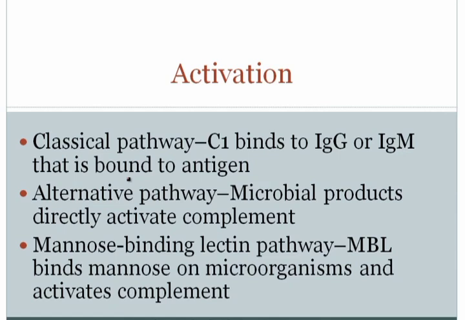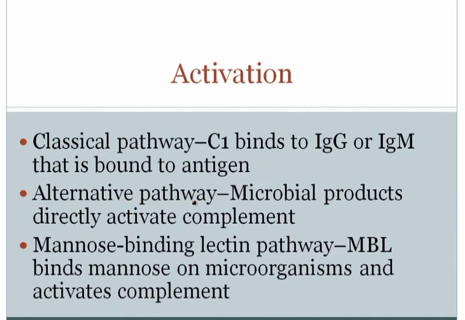The second pathway by which complement can be activated is the alternative pathway. The alternative pathway results in activation of complement by microbial products. The microbial products directly result in the activation of complement. This is the alternative pathway, and that's pretty straightforward to understand.